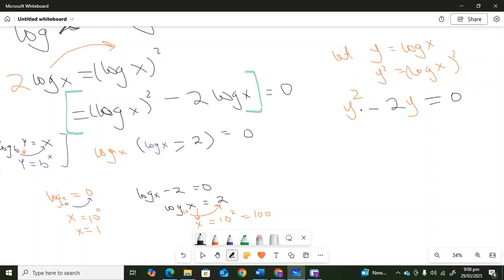So here we have y squared minus 2y equals 0. Again, the way we did this previously, our common factor here is y. So we put y outside. y squared divided by y, minus 2y divided by y, that is 2, equals 0.